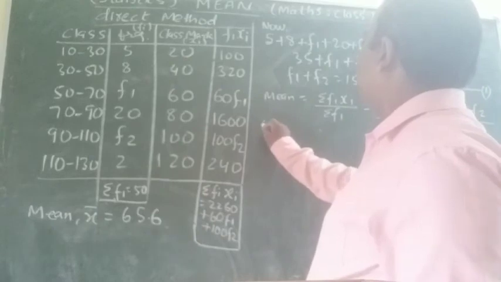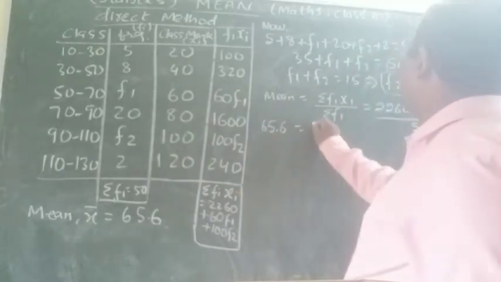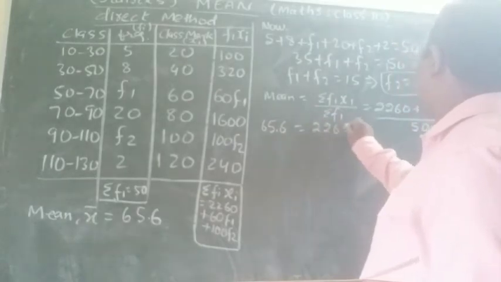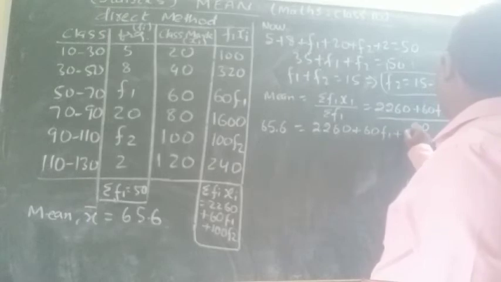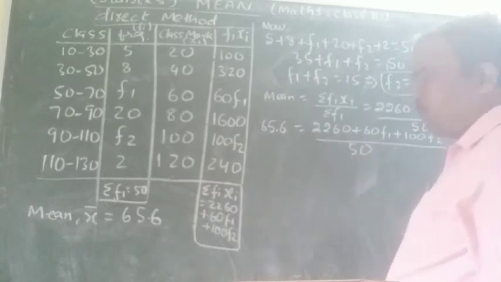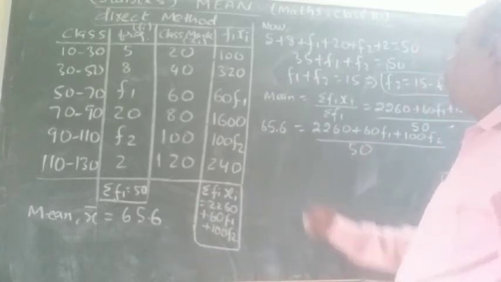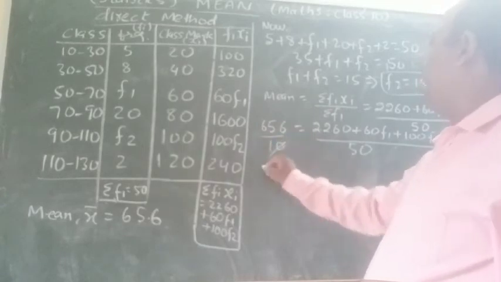So we can say 65.6 equals 2260 plus 60 F1 plus 100 F2 divided by 50. Now remove this decimal and this 0 will cancel.